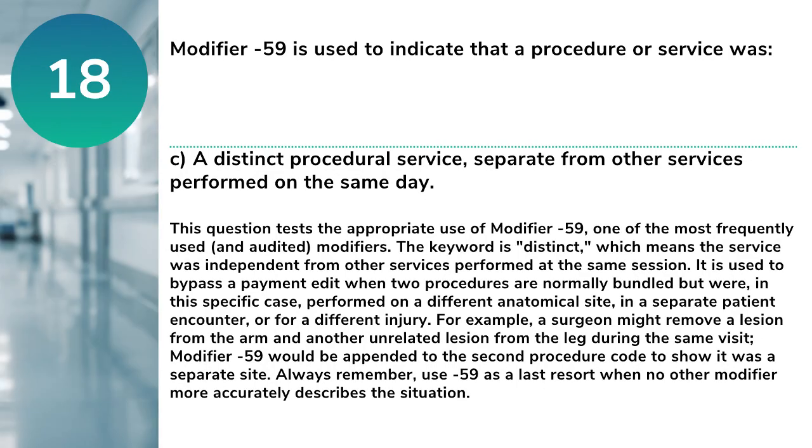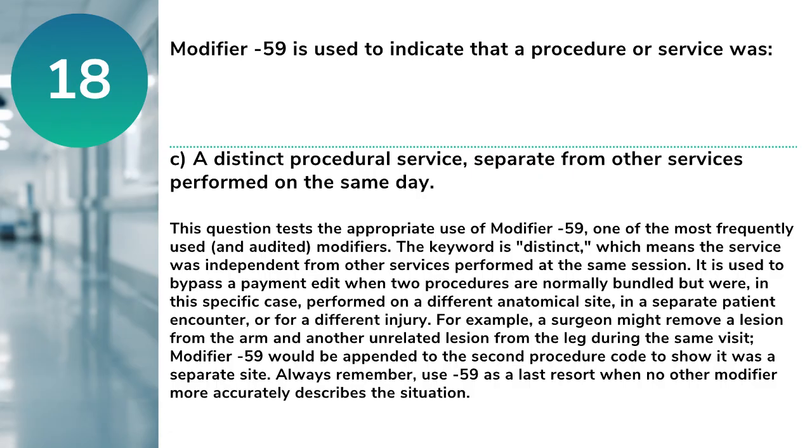Answer: C. A distinct procedural service, separate from other services performed on the same day. This question tests the appropriate use of modifier -59, one of the most frequently used and audited modifiers. The keyword is distinct, which means the service was independent from other services performed at the same session.